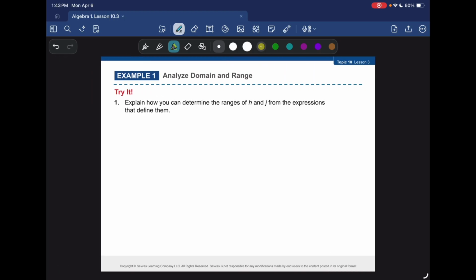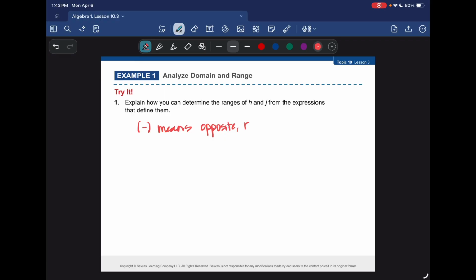Explain how you can determine the ranges of h and j from the expressions that define them. Well, we kind of did this already when we were just looking at the functions. The negative sign means that it is reflected over the x-axis. It is the opposite of the parent function. So negative always means opposite.